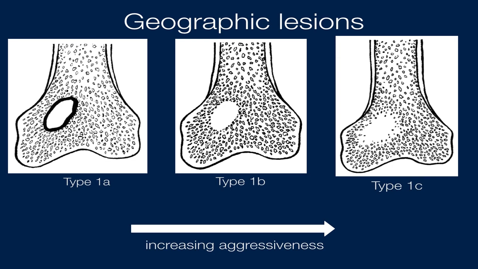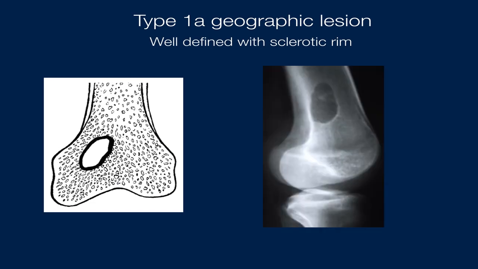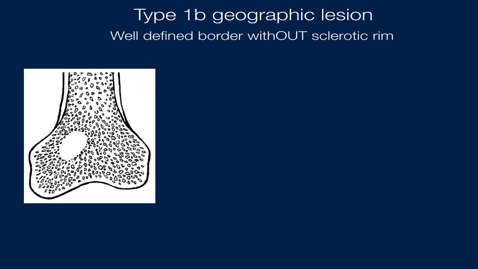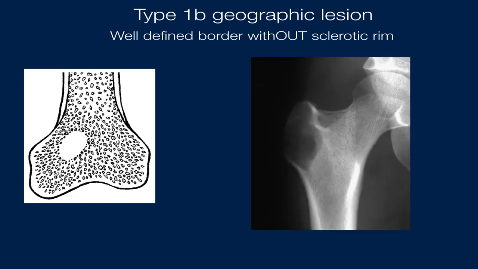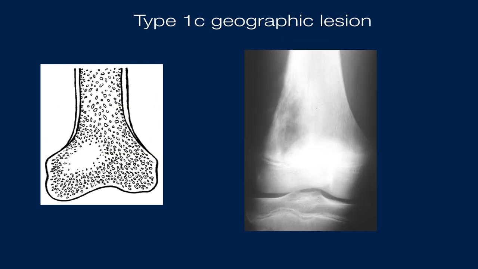More important is to recognize the patterns. The type 1A geographic lesion is well-defined with a sclerotic rim. An example. The 1B, geographic, well-defined, but this time without the sclerotic rim. Here's an example. Type 1C is a geographic lesion that is not well-defined.